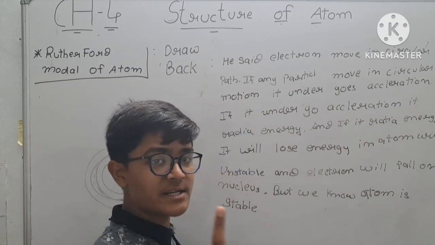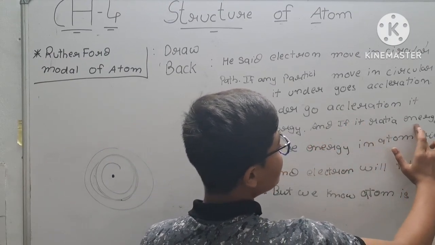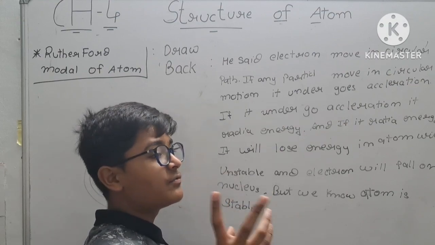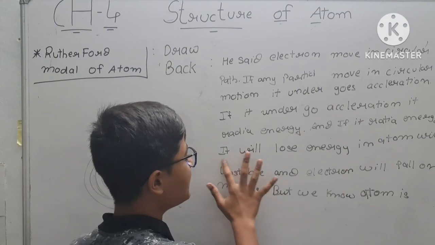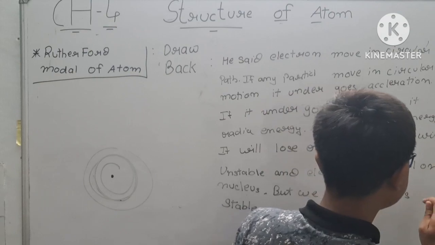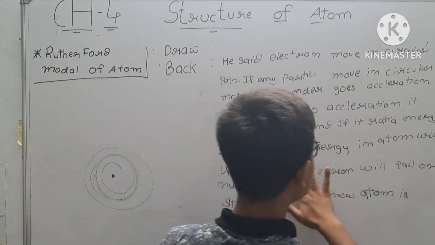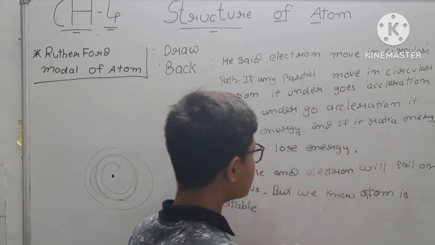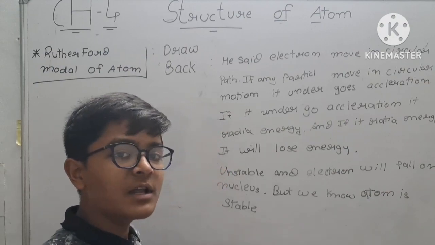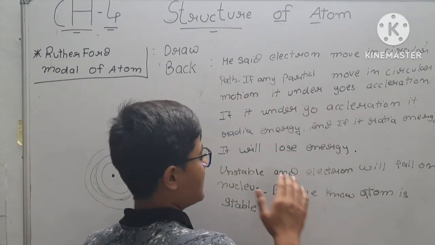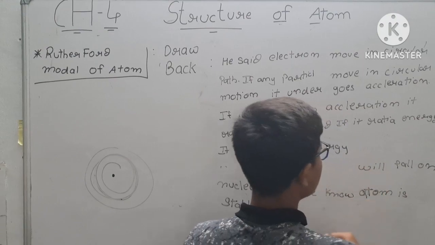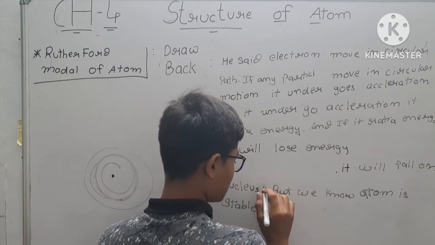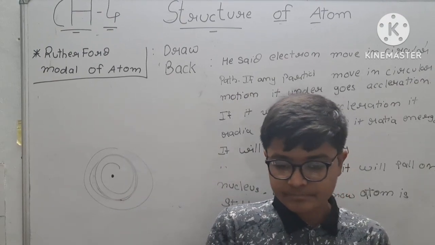That means if the electron is radiating energy, at one time it will lose the energy and fall on the nucleus, and the atom would be unstable.